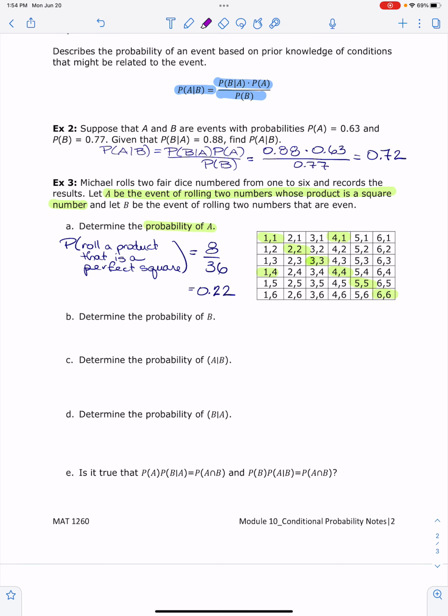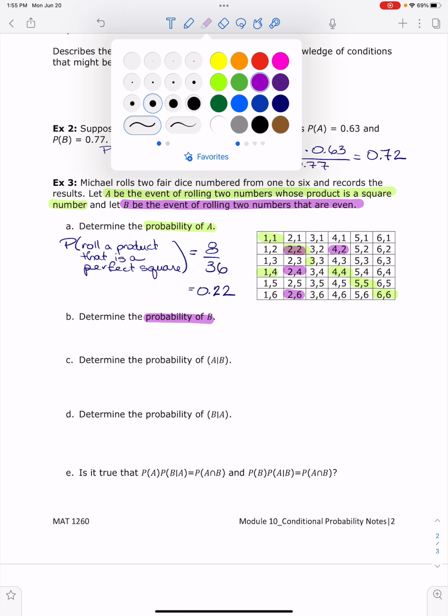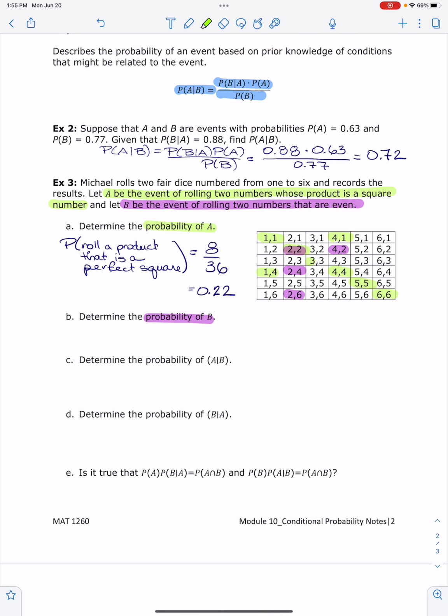B. B is the event that we're rolling 2 numbers that are even. So let's see if I can go halfway. 2, 2, 2, 4, 2, 6. I can skip the odd columns. I got 4, 2. 4, 4, 4, 6, 6, 2, 6, 4, and 6, 6.